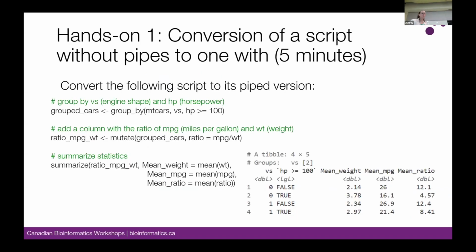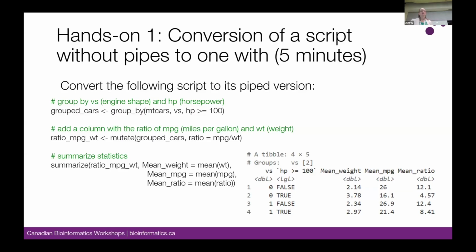Okay, then the first hands-on is a conversion exercise where you have a script that's already written that uses another data frame that's also in base R, so it's not iris anymore, it's mtcars. I gave you a few different statements. First, I group by some columns within the data frame.